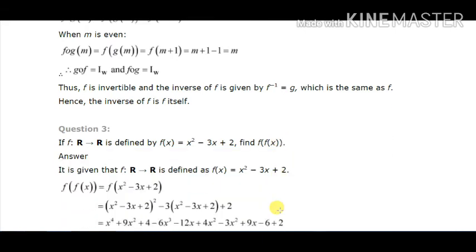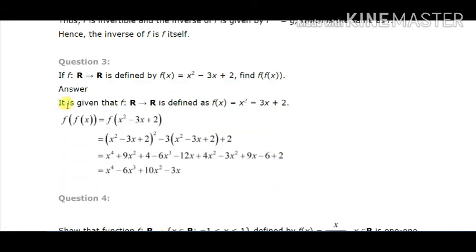Next question. If f is a function from R to R defined as f(x) is equal to this, find f(f(x)).